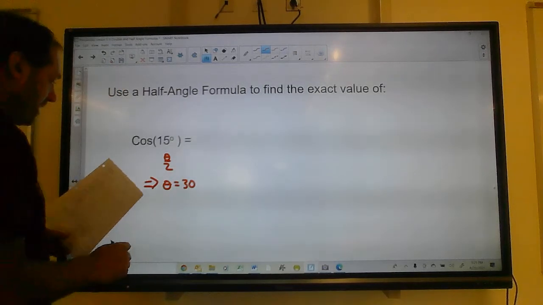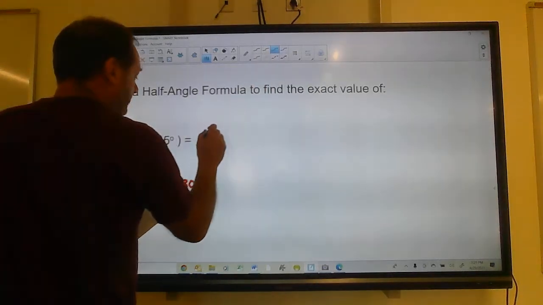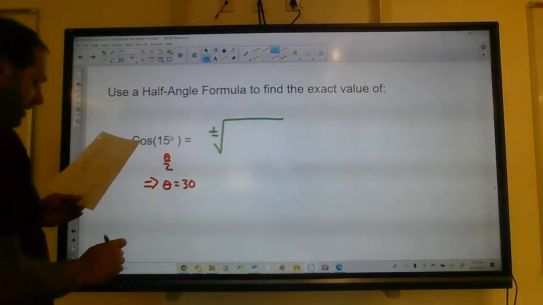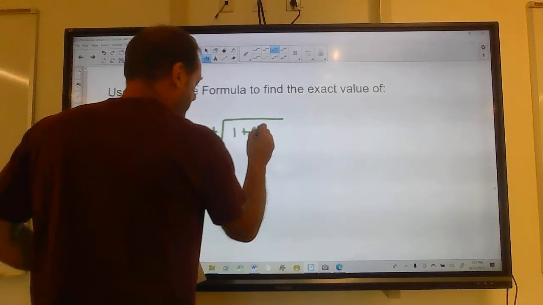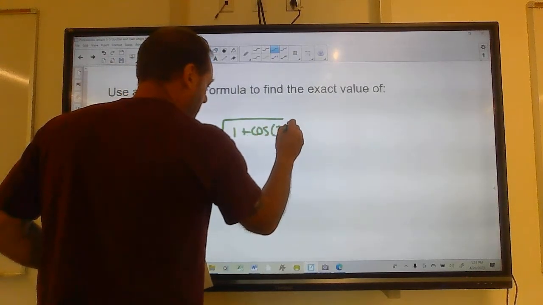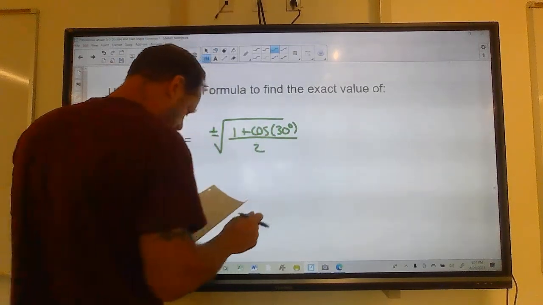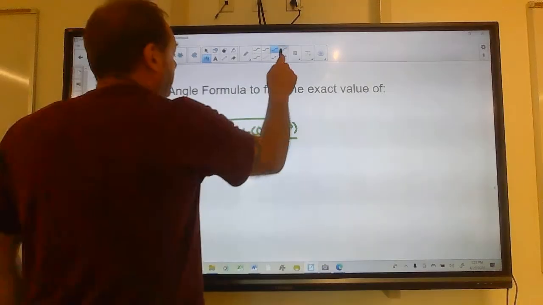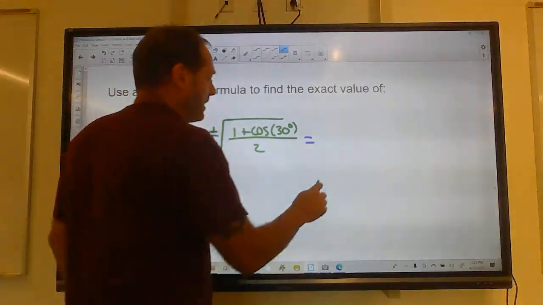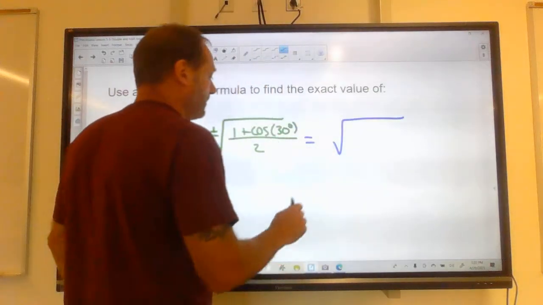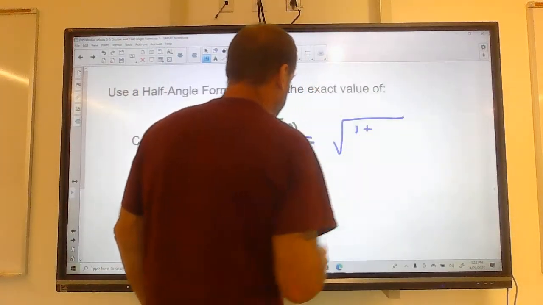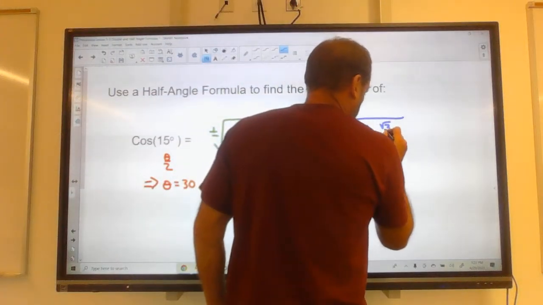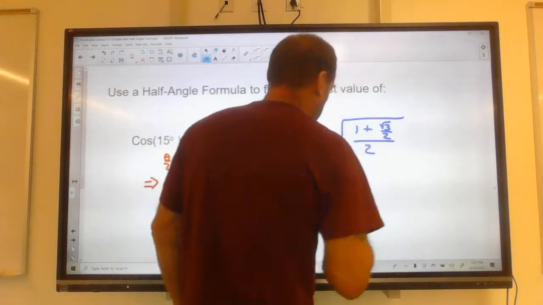So my equation then is going to be plus or minus the square root of 1 plus the cosine of 30 over 2. All right, so then that's the square root of 1 plus the cosine of 30, which is square root of 3 over 2, over 2.